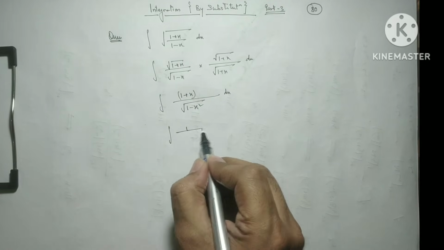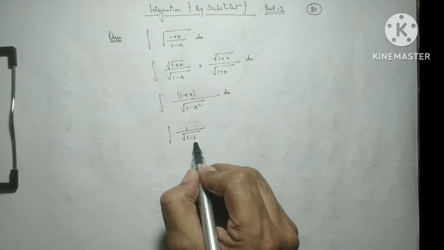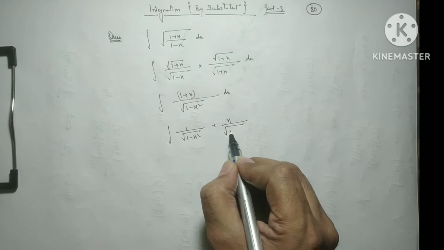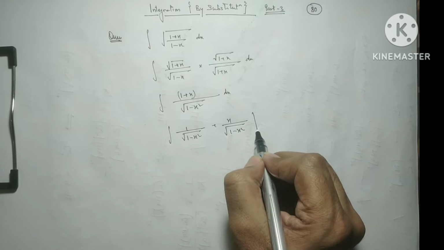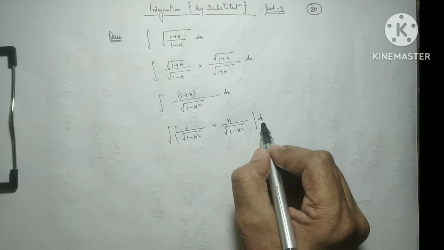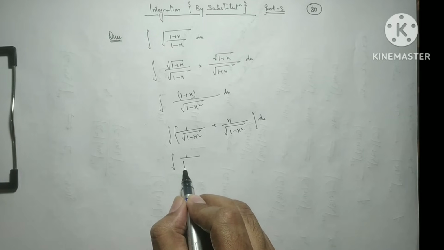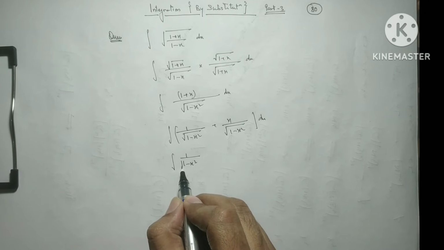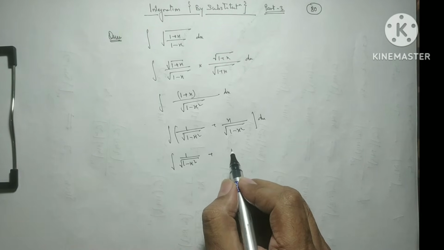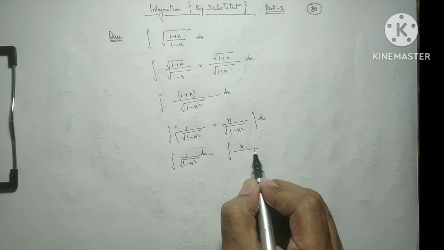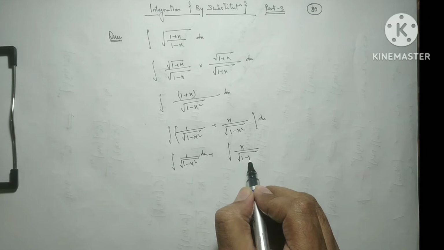Now we separate this: under root 1 minus x square plus x over under root 1 minus x square. Now we get under root of 1 minus x square plus integration of x over under root 1 minus x square.